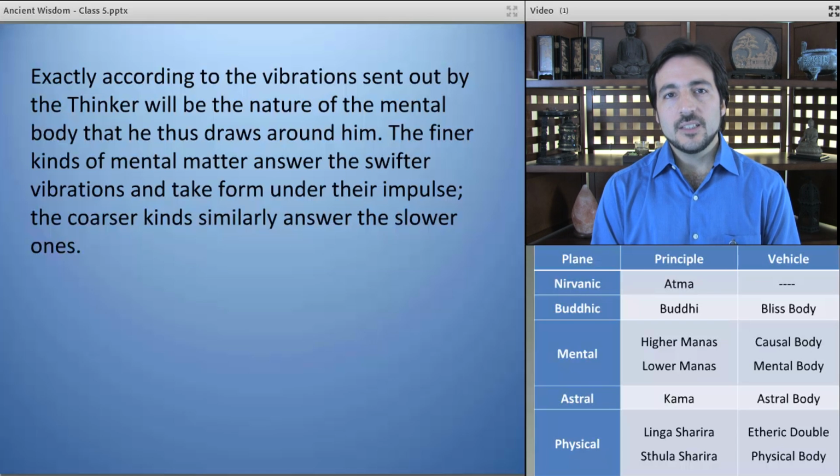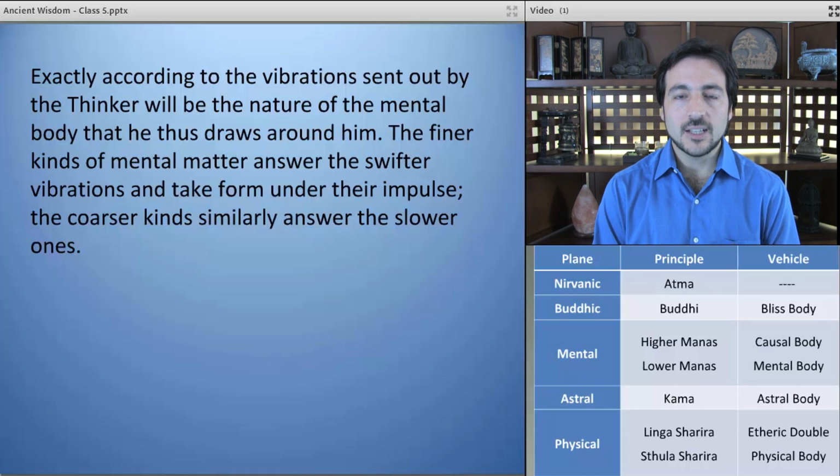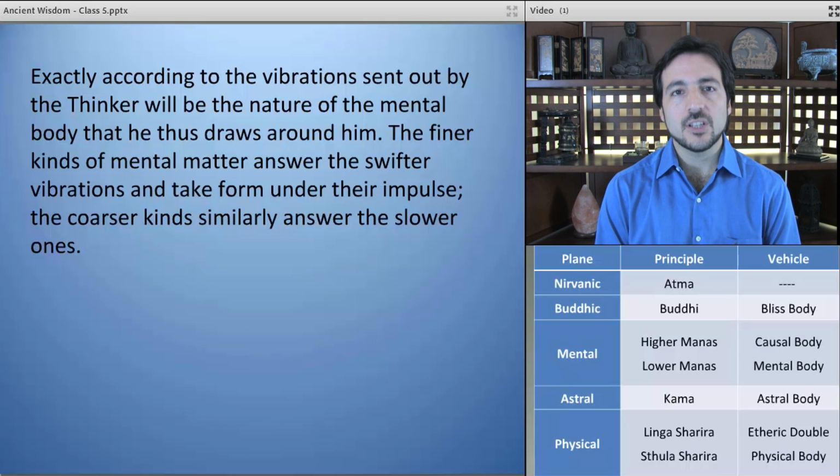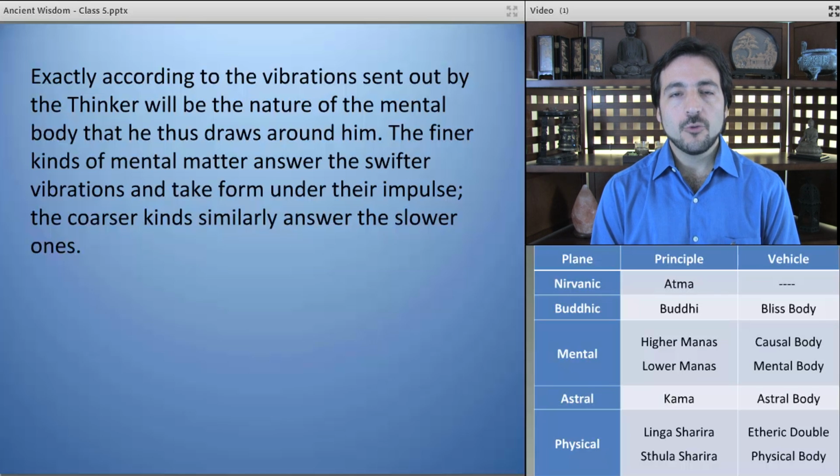So allegorically speaking, and any time that we use an example from the physical plane can be applied to the higher planes only allegorically and for one particular aspect of the question. But we could say if we had to build our own clothing, we would be able to build a piece of cloth as good or as bad according to our skill.